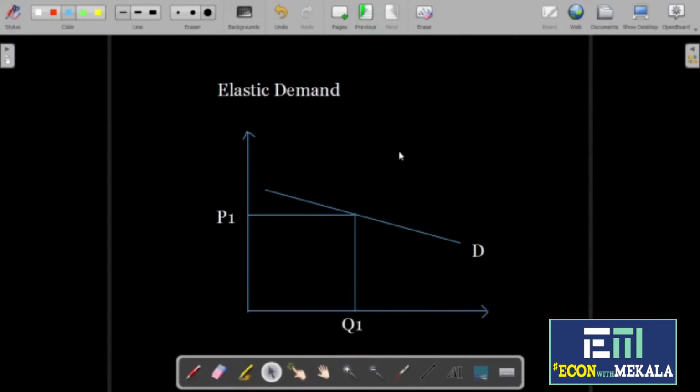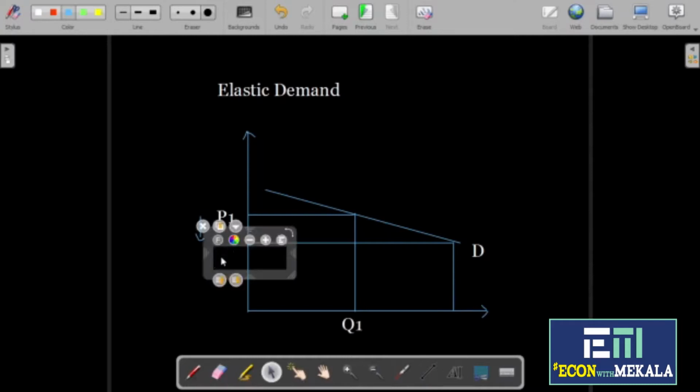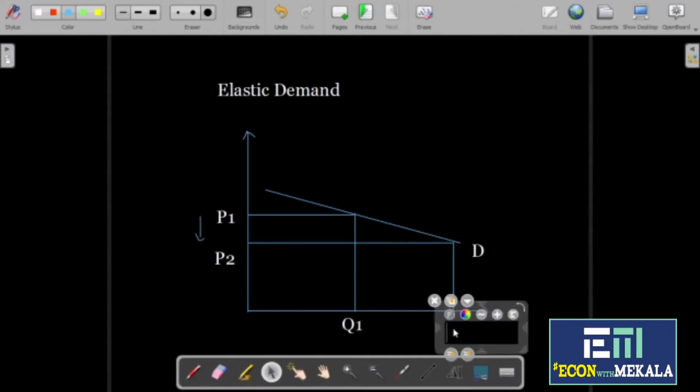Then I am going to decrease the price level. I am going to change the price to P2, and accordingly you can see how the quantity changes. This is P2, and this is Q2.